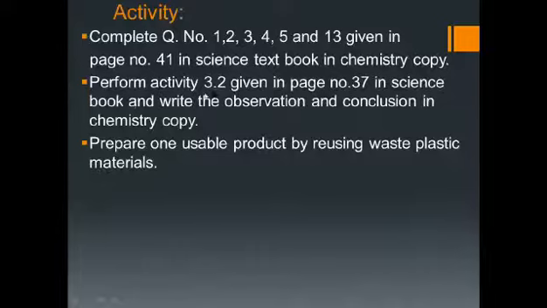Perform activity 3.2 given on page number 37 in the science book and write the observation and conclusion in the chemistry copy. Prepare one usable product by reusing waste plastic materials.